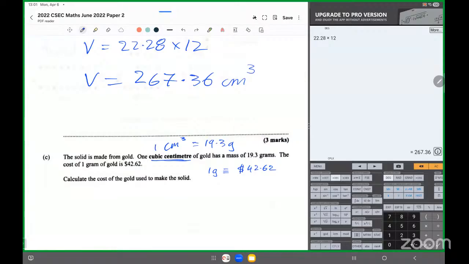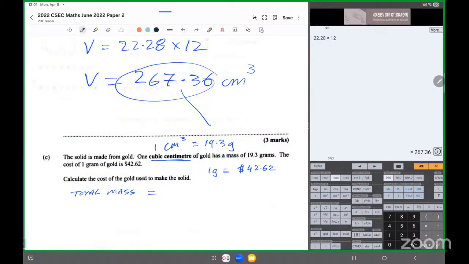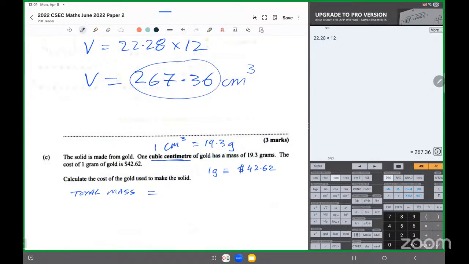So the total mass of the solid is going to be equal to this times this. Because 1 cm cubed is 19.3 grams, I take this amount of cm cubed and multiply by the 19.3 to get it in grams.